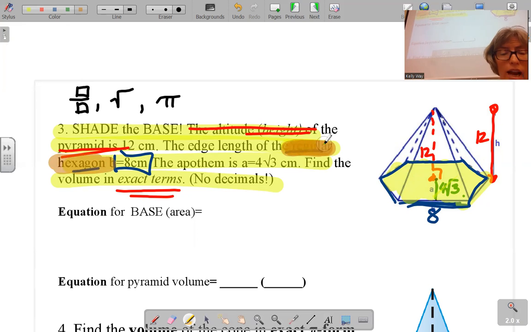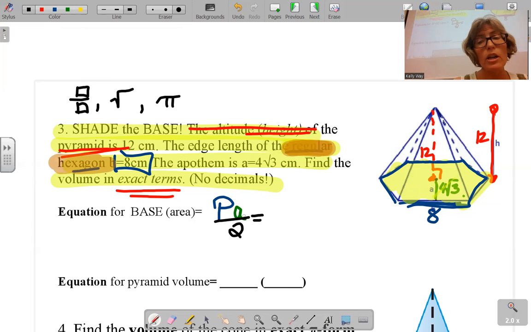Regular hexagon. All right. Natasha, are you tracking with me, dear? Okay, how do you find area of a regular hexagon? P times A over 2. That's right. It's going to be PA over 2. That's a regular polygon. So all of this is just going to give us our B here, so we can walk it around.